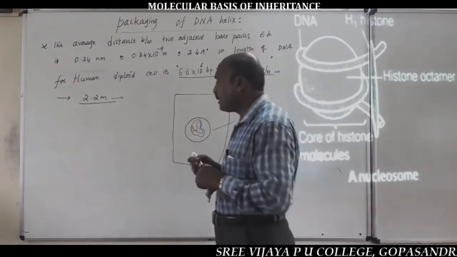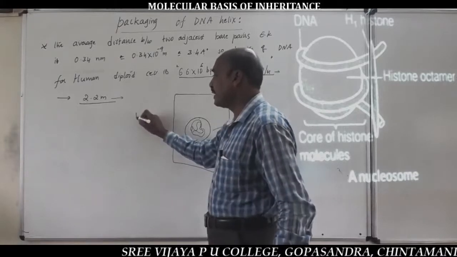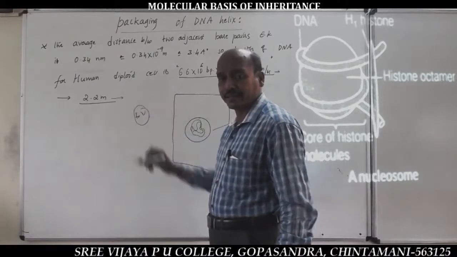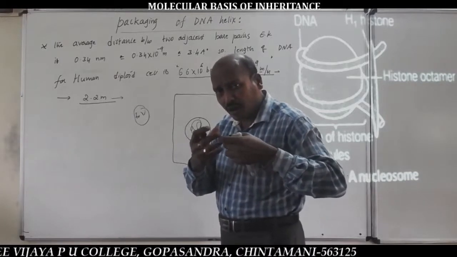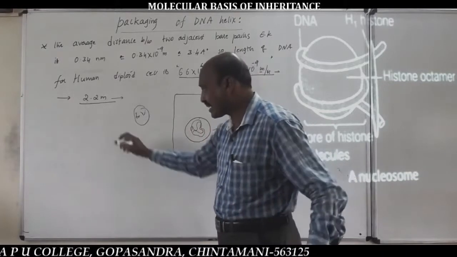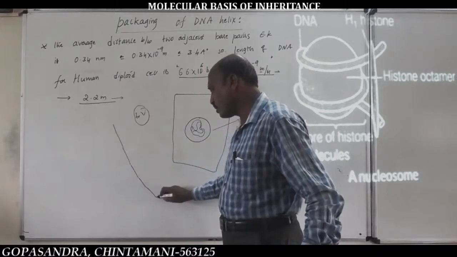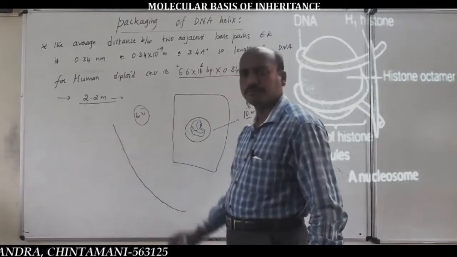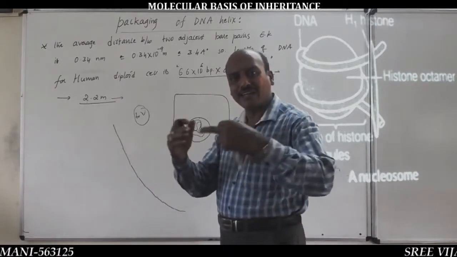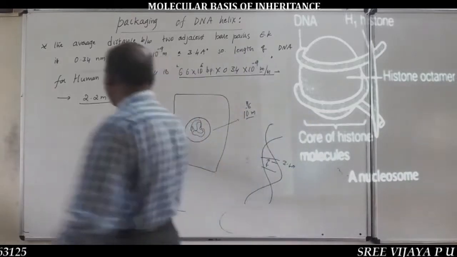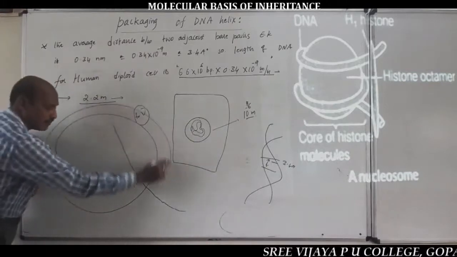Say, in man, some billion cells are there. Not million, some billion cells are there. So, whenever the DNA of all diploid cells is extracted, isolated and joined together one to one, such a single joined DNA will come around one rotation of the solar system.